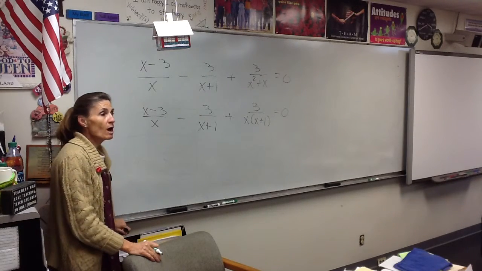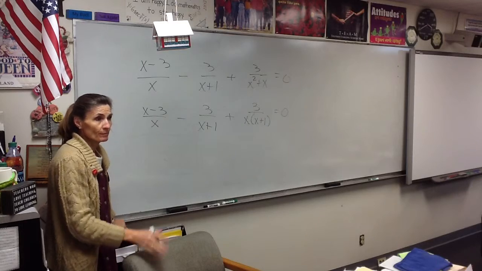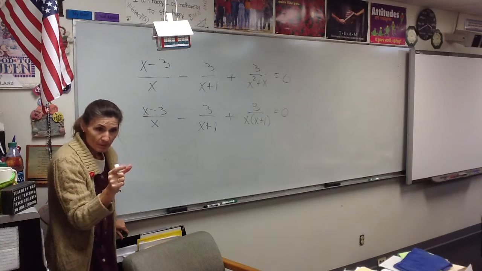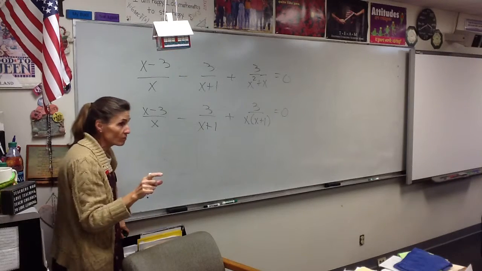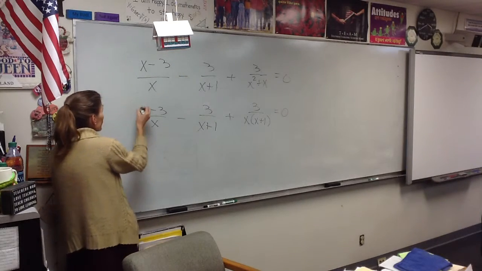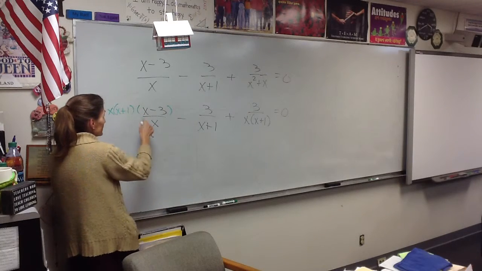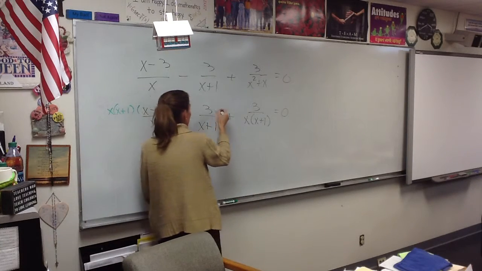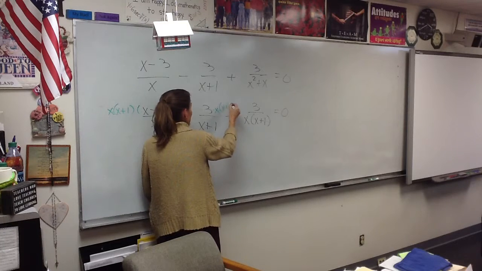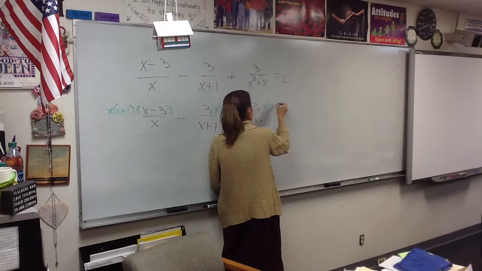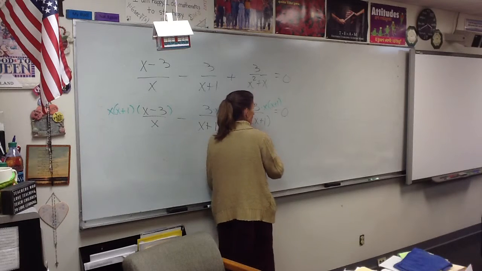Now, what is our common denominator? X plus 1. Both of them. Your common denominator is both of them. So you are going to multiply x plus 1 times the first fraction, x plus 1 times the second fraction, and x plus 1 times the third fraction.